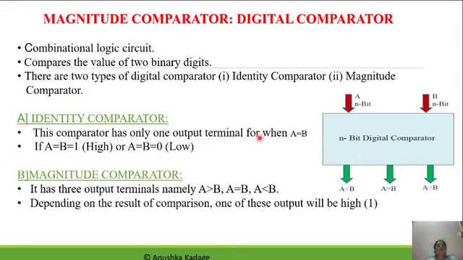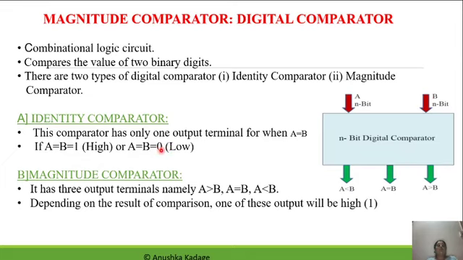If the two compared numbers are equal, it will generate a high output, though it may also generate the output as low. It depends upon whether it is a bubbled IC or an IC without the bubble. That means it is an active low output or active high output concept.